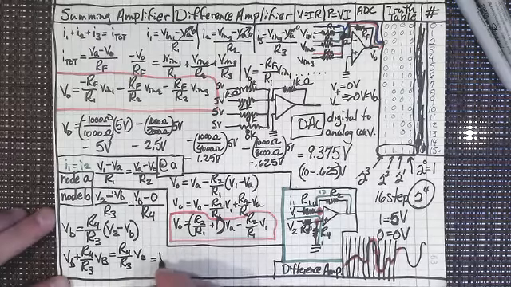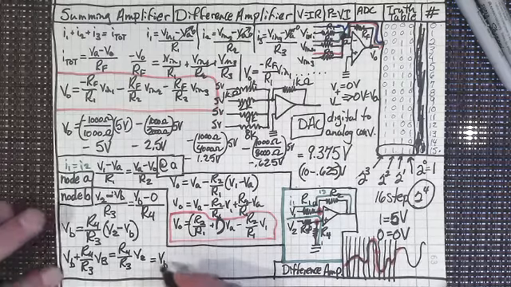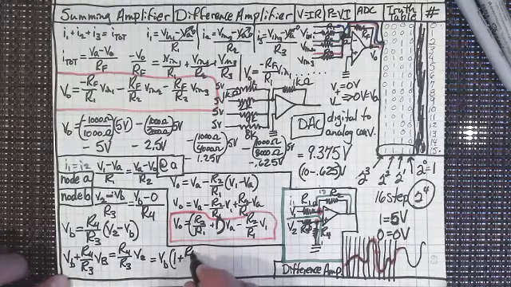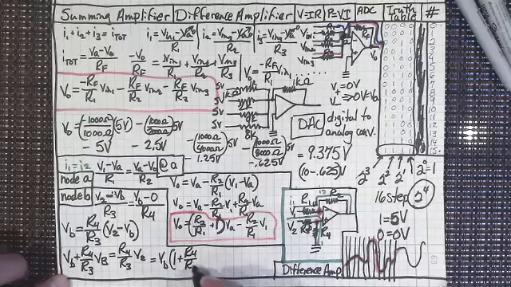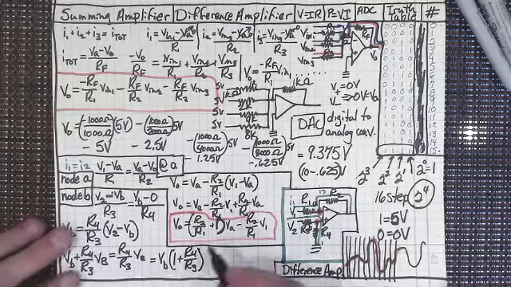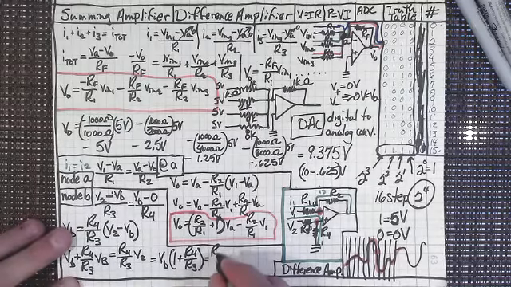And of course, I can take V sub B out on the other side, which then leaves me with just 1 plus R4 over R3, right? And that equals R4 over R3 times V2.